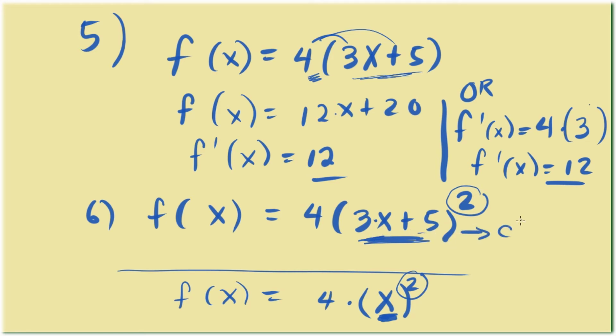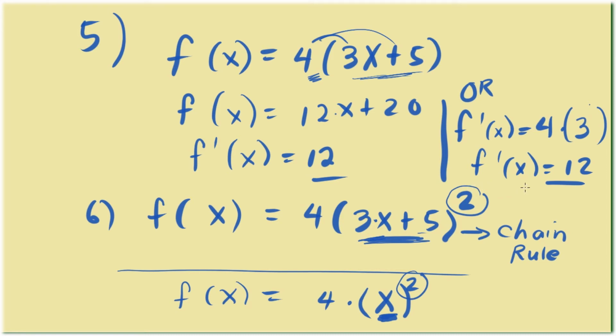So this requires a chain rule. Okay, so using a chain rule is like a shortcut. There are ways to find the derivative without the chain rule in this case. But I'm gonna show you what a chain rule does, which is like a shortcut. So 4 times 3x plus 5 squared.